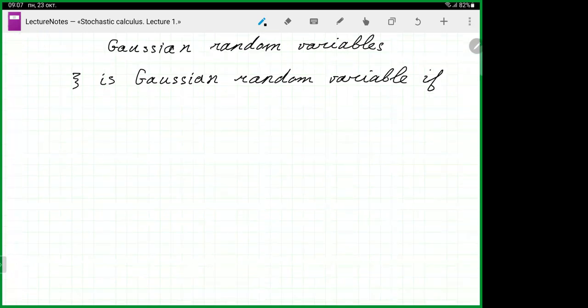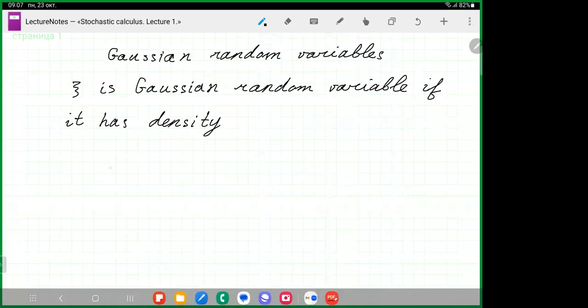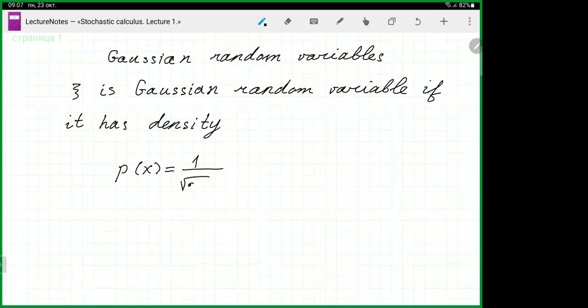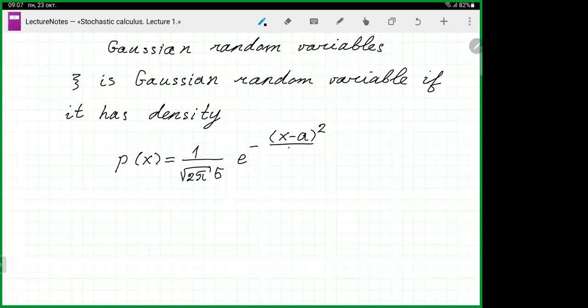Let me start by recalling what the Gaussian distribution is in one-dimensional and infinite dimensional space. Let psi be a Gaussian random variable. If psi has a density of such kind, p of x is equal to 1 over square root of 2 pi sigma e to the minus (x minus a) squared divided by sigma squared.